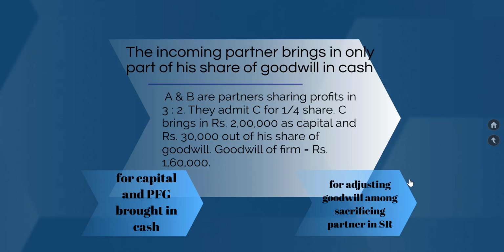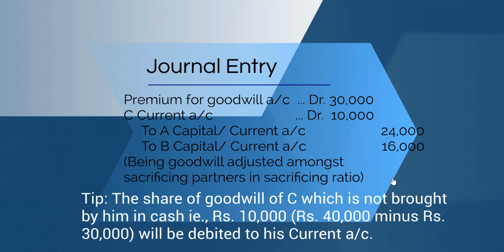The second entry is for adjusting the goodwill among the sacrificing partners in the sacrificing ratio. The sacrificing partners are A and B, and the sacrificing ratio is 3:2. Now, premium for goodwill which is brought in cash is only rupees 30,000.